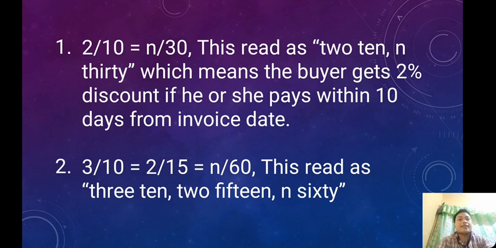So it means if a buyer pays within 10 days, he gets a 3% discount. While if he or she pays within 15 days from the invoice date, he gets a 2% discount.